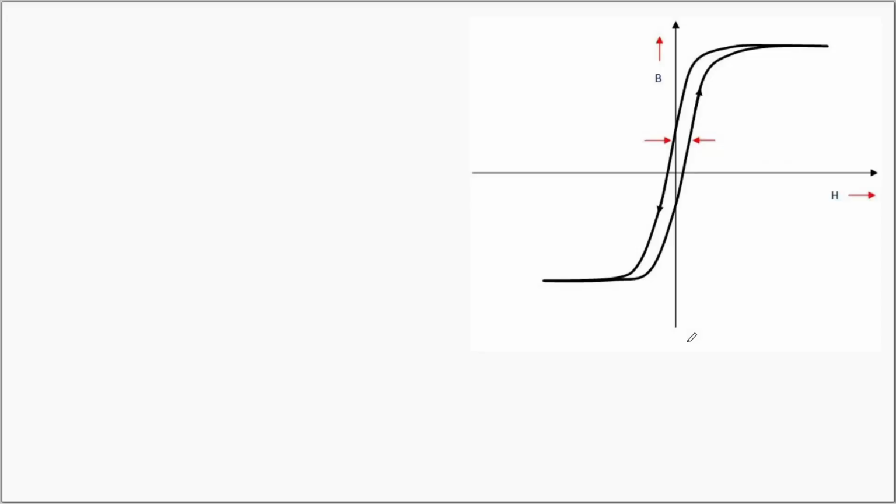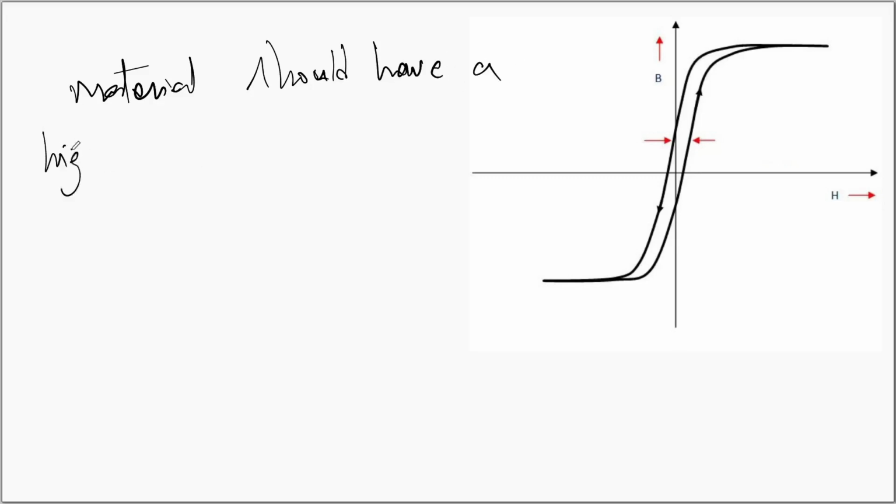The soft magnetic materials are characterized by a thin hysteresis loop. It is essential for a material to be called a soft magnetic material that the material should have a high initial permeability and a low coercivity.